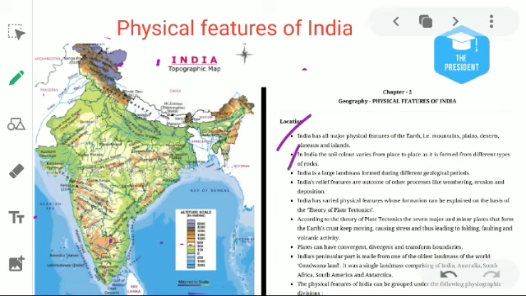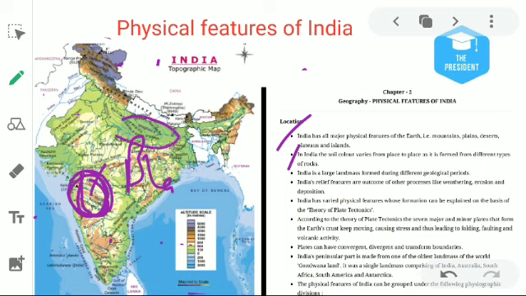Second point is that the color of the soil depends on the rocks. Moving from one place to another in India, the color of soil changes. This is because of the types of rocks found in that particular area. Like if you are in the Maharashtra and Karnataka region, the soil color here will be black.